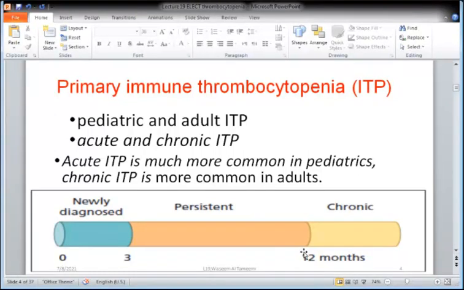However, there is still a possibility of spontaneous remission and spontaneous response, and the patient may get full recovery from the disease. But those who have chronic ITP that persists for more than 12 months are unlikely to get remission from the disease, and the disease will run a chronic, lifelong course.